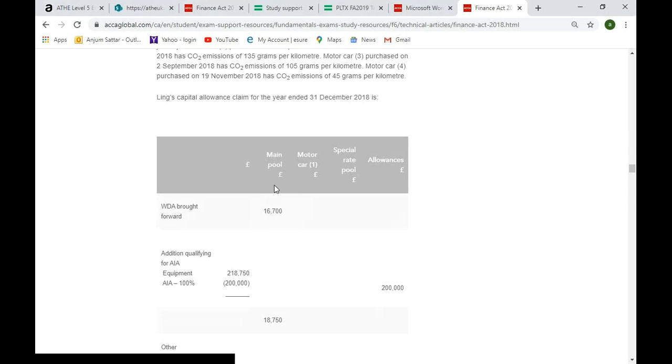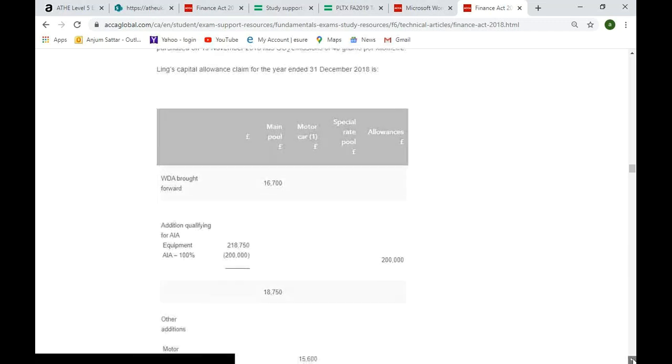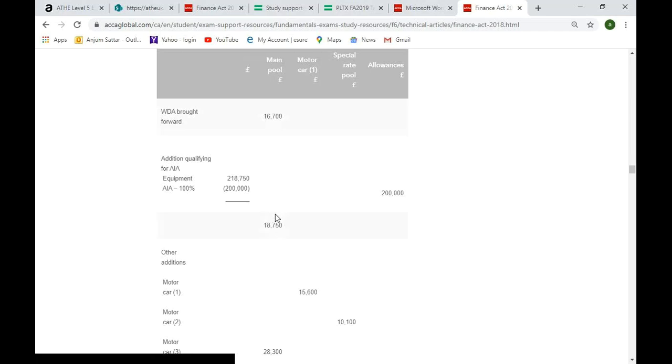So we have a main pool, yes, or a motor vehicle special asset, so we can claim it. First year allowance is exempt up to 200,000, yes, if it's equipment. If the equipment is more than that, you take the difference from that. Yes, so the only allowance claimable is the rest at 18%, yes.